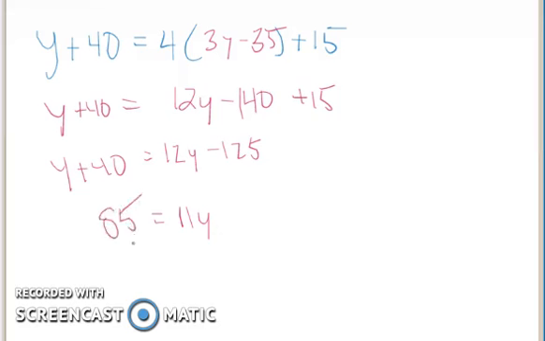Okay? Alright, looking good so far? Alright. Divide by 11, that doesn't seem right. Let me just double check. Oh, I gotta add 125.